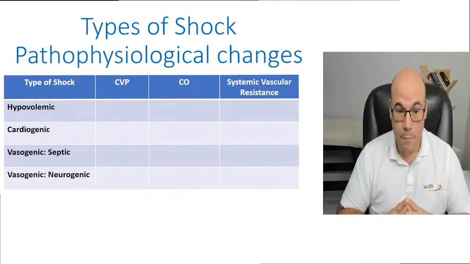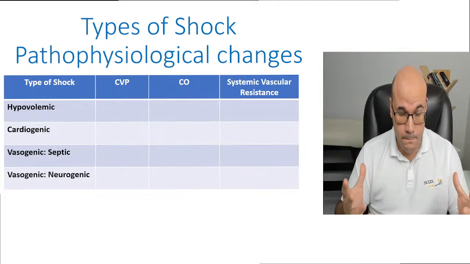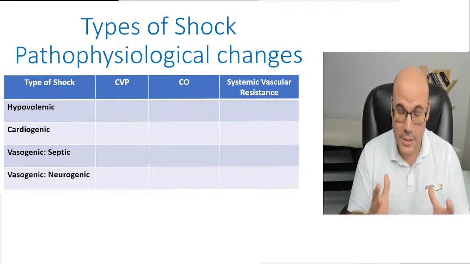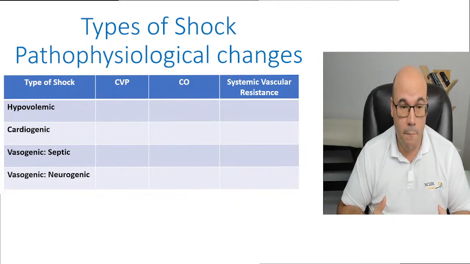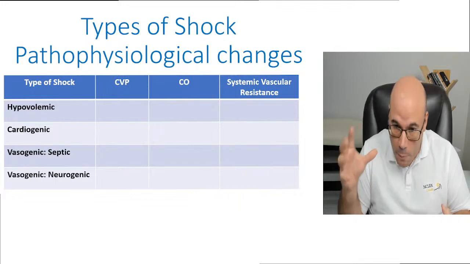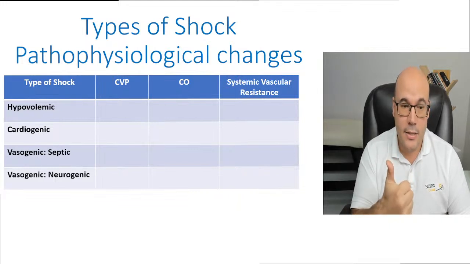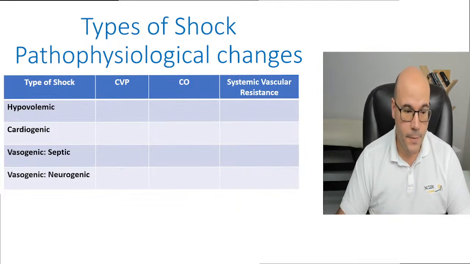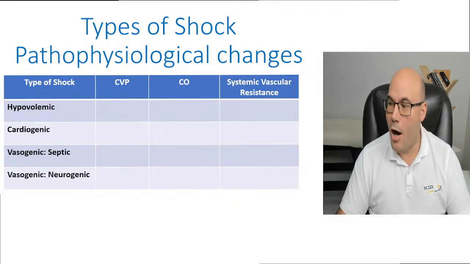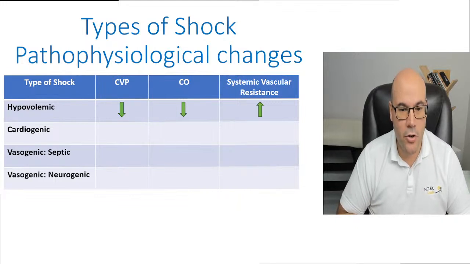So because there is not enough blood for the heart to pump out, what's going to be the clinical findings? Decreased central venous pressure, decreased cardiac output, but increased systemic vascular resistance.